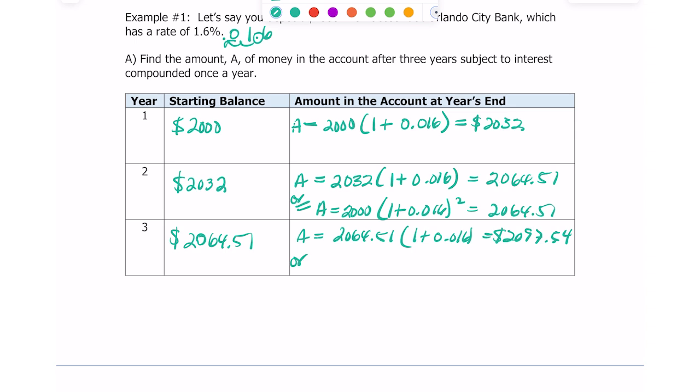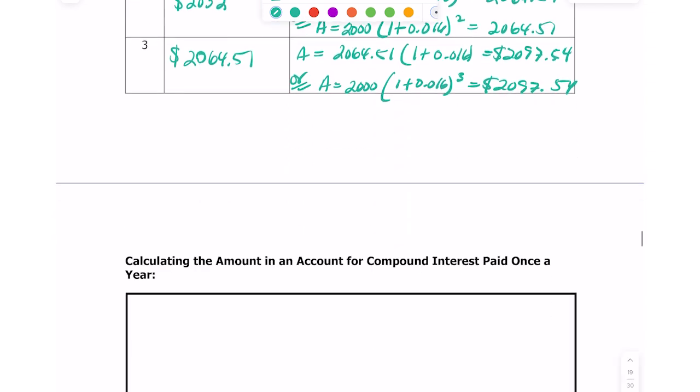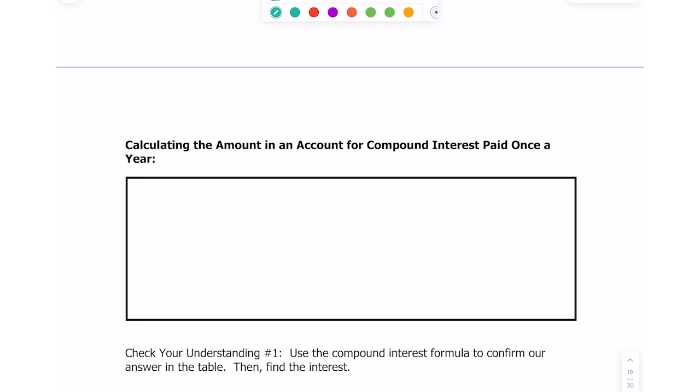That is the same thing as doing $2,000, my original starting balance, times 1 plus 0.016 to the third power, because you're accumulating interest for 3 years in a row, and you still get $2,097.54.